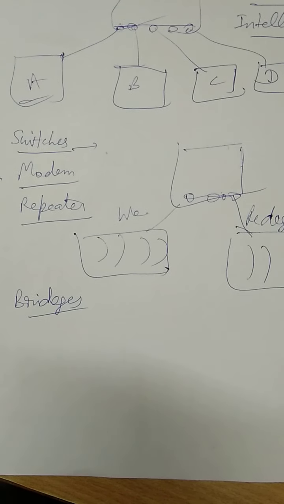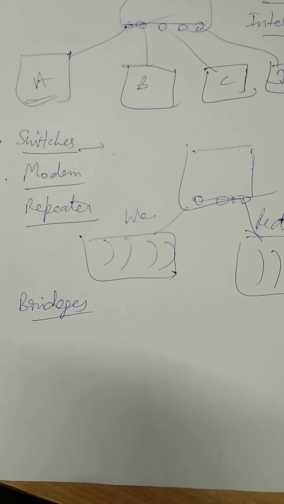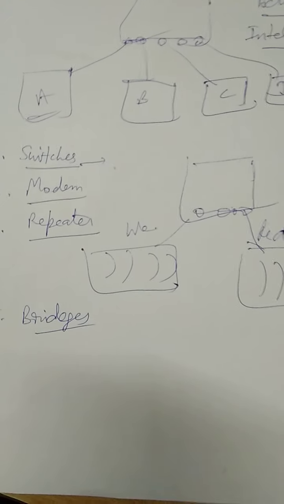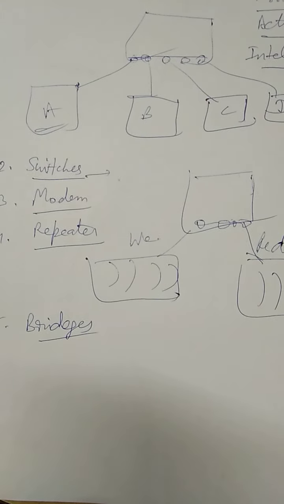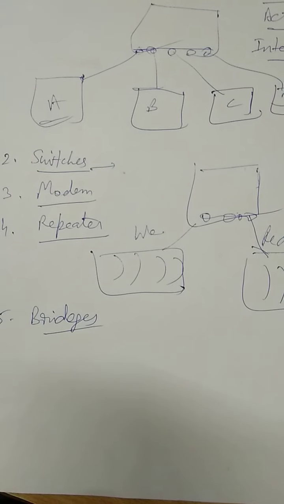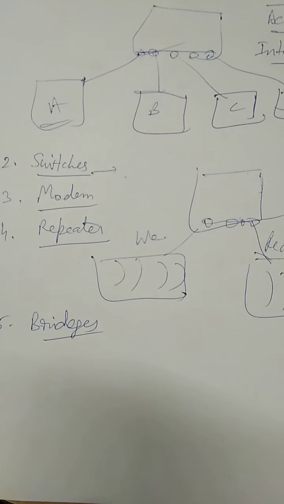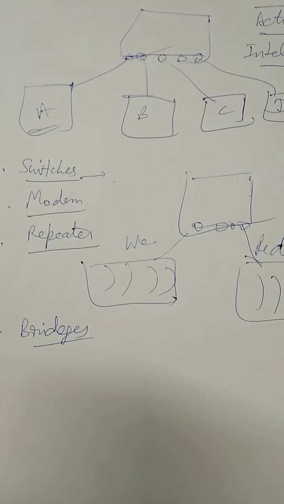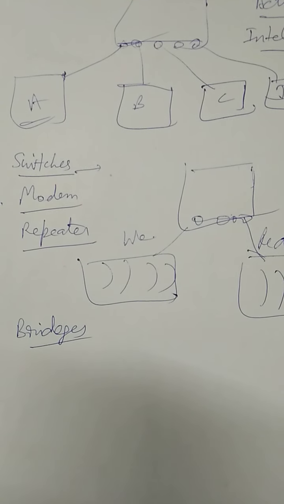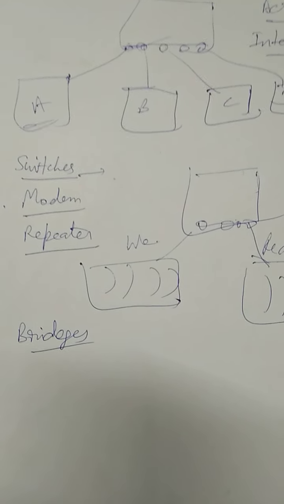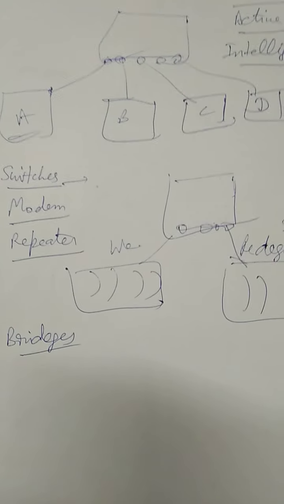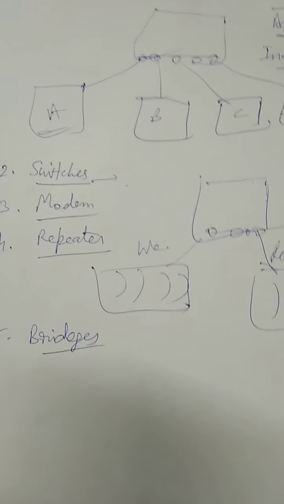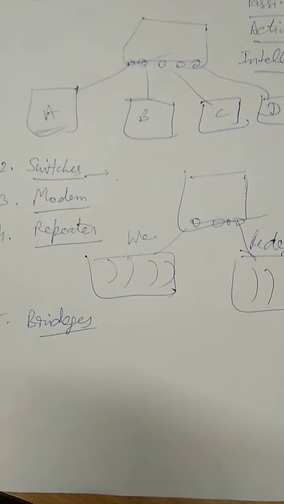Second, a bridge builds a table of addresses from which it can identify which packets are sent from which LAN to which LAN, from LAN A to B or from B to A. The bridge reads the addresses and discards all packets from LAN A that are addressed to a computer on LAN A, and packets from LAN A addressed to a computer on LAN B are retransmitted to LAN B. Last one is, the packets from LAN B are treated in the same way. These are the few operations.